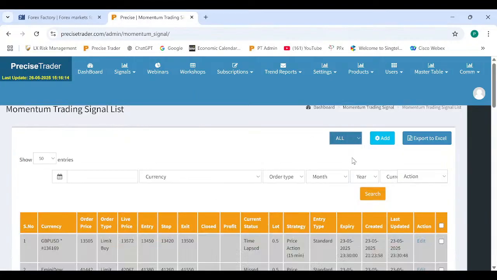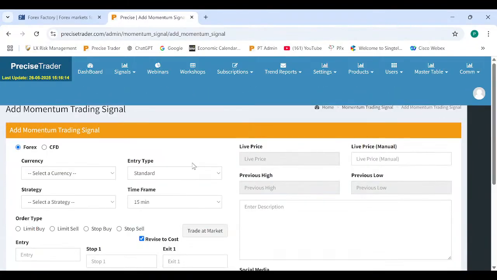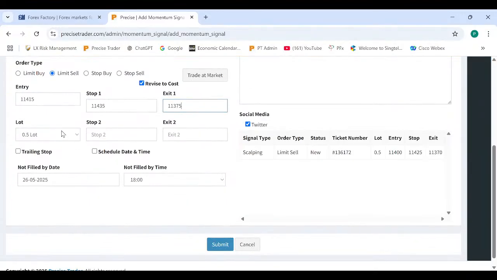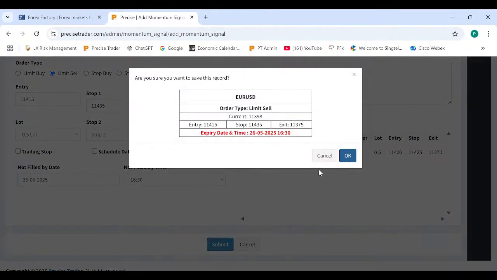Then we can go for another trade, momentum. Sell at 114.15. The stop we'll put at 35, and the target is 113.75. That's about 40 pips, and this is also a half lot, until maybe about 4:30 or 5.